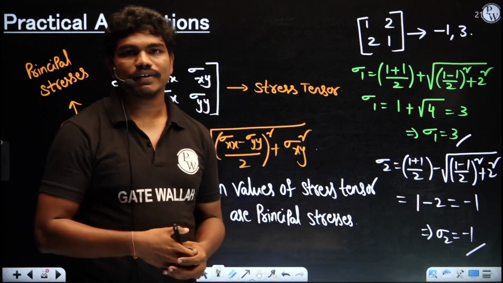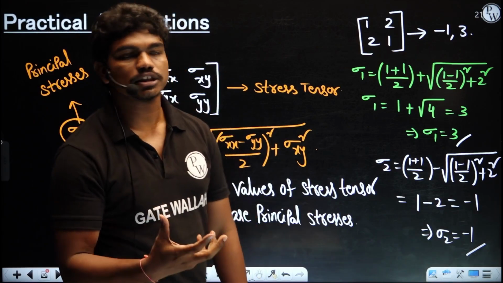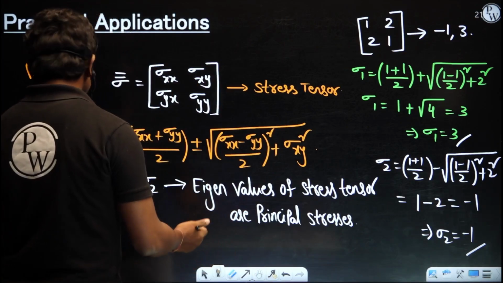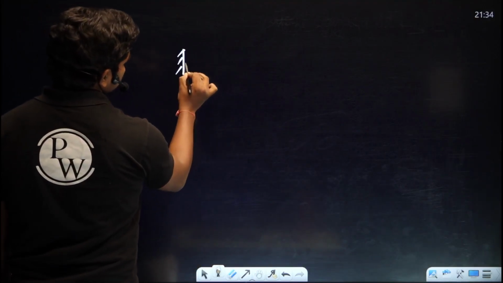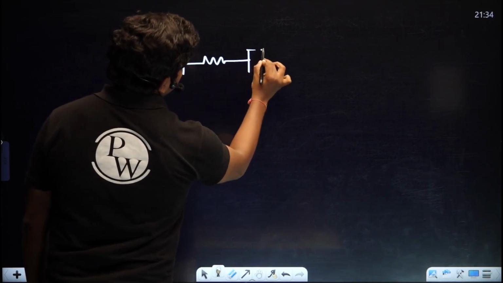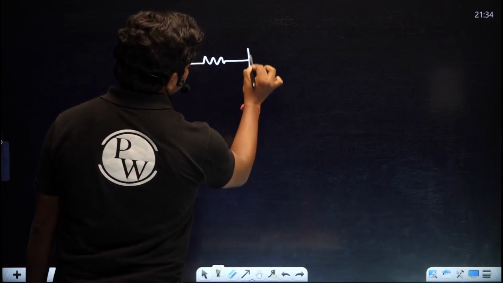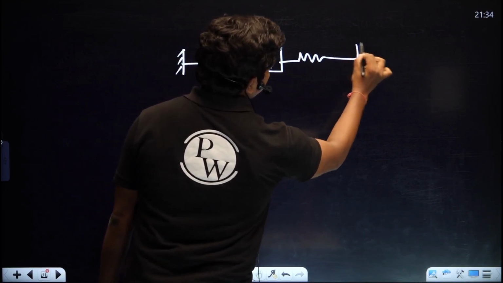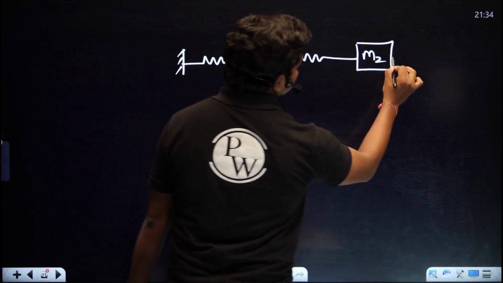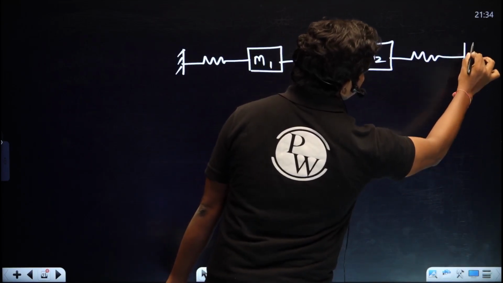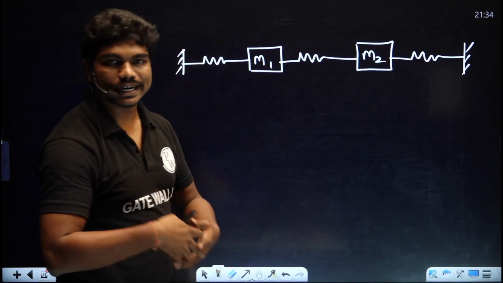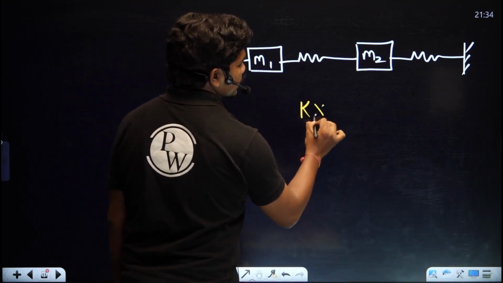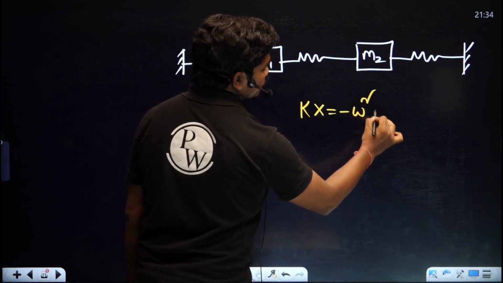And these eigenvalues and eigenvectors are very important when you deal with vibrations of multi-variable, multi-degree-of-freedom systems. For example, I would like to show here, if this is a mass m1 and this is a mass m2, if you have some system like this with multiple degrees of freedom, then you have the stiffness matrix times x, Ax, equal to minus omega squared into x.